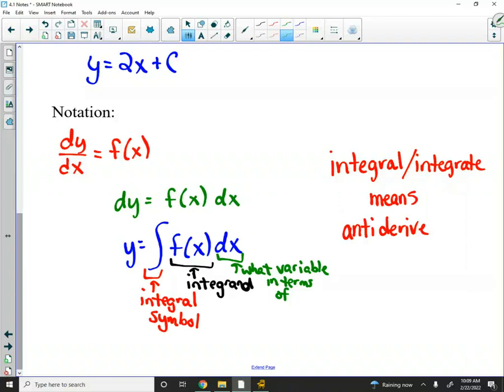Now, this is telling us to antiderive. I'm going to put an equal sign next to it. When I antiderive, it goes backwards to the original, and I put plus c. So we antiderive this function.